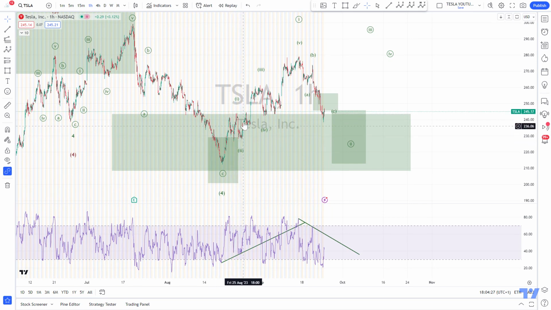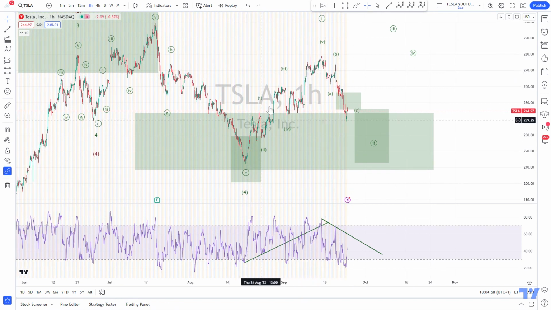Then here again, 1, 2, 3, 4, 5, or 5 swings, which is required for an impulse. Next, wave 4 correction down, and then here again something like 1, 2, 3, 4, 5. Again, the fifth wave has 5 subwaves, so this looks good.